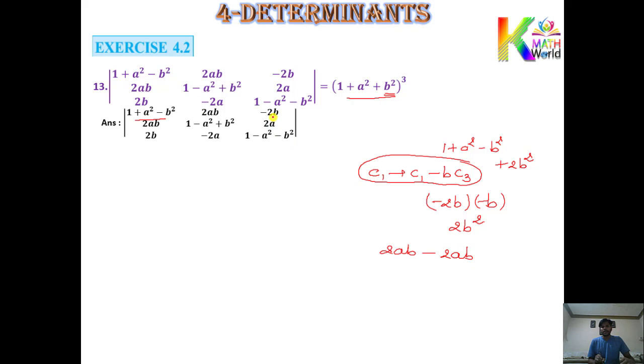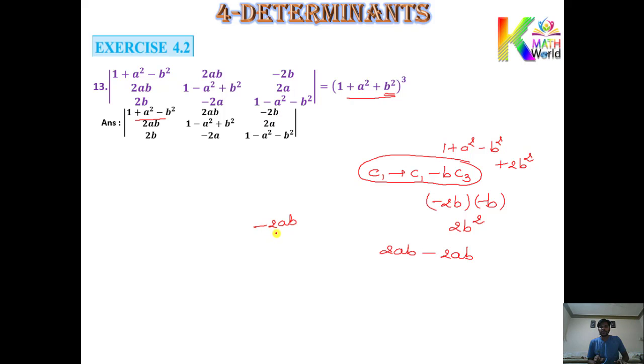Minus 2b is already there, so if this gets multiplied by a, then you get minus 2ab. That added to this column gives 2ab minus 2ab, which means 0 here.